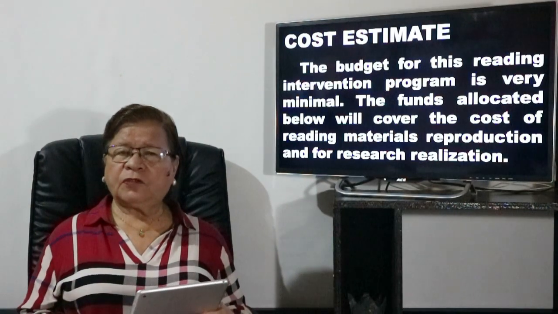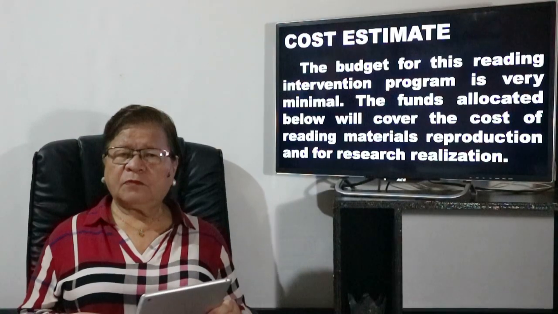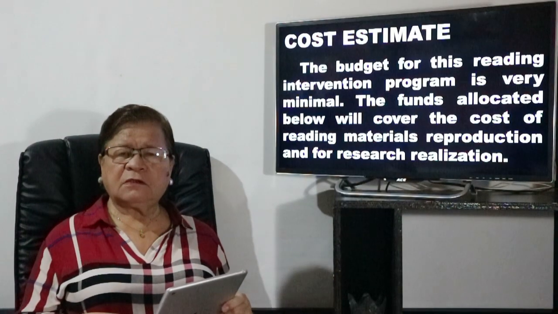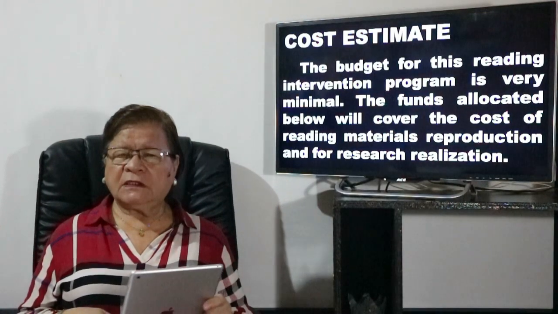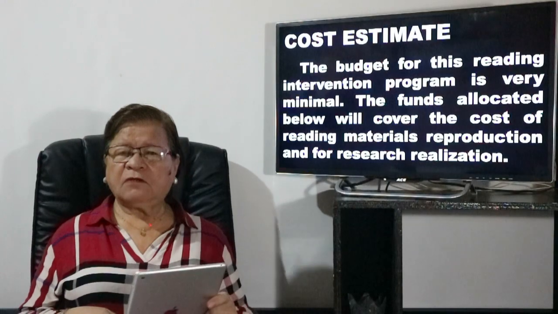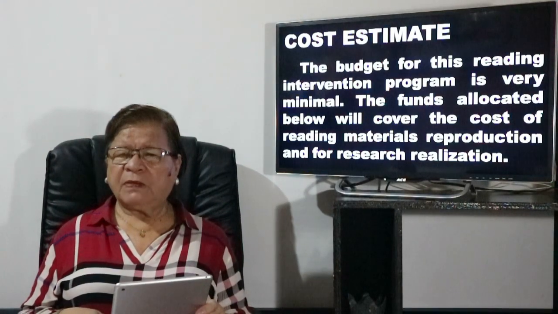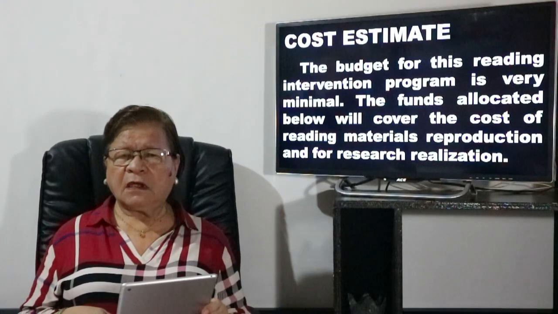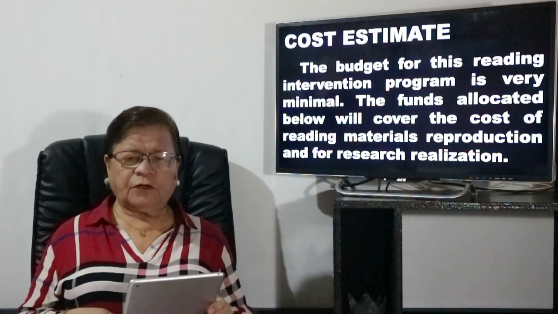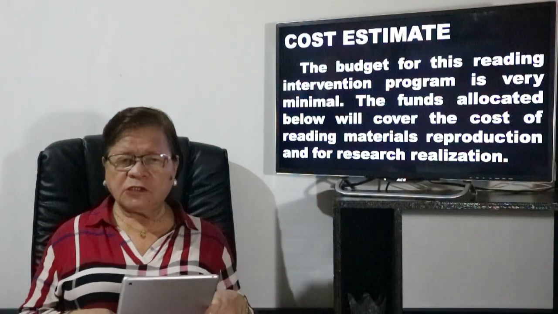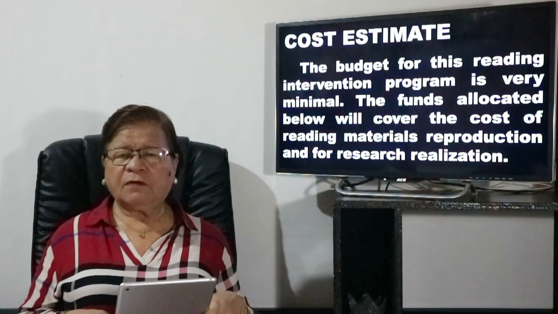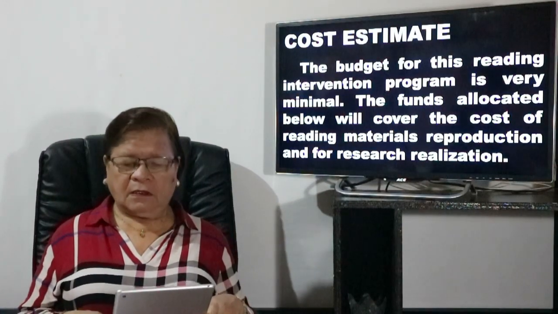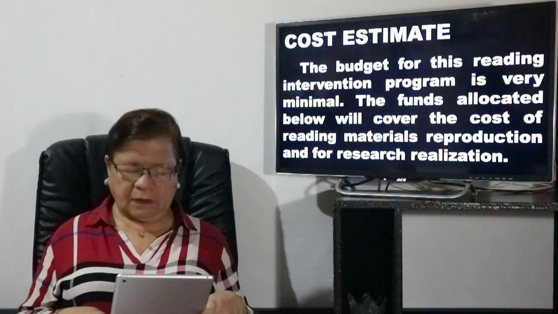In some other action researches, like BERF, the Basic Education Research Fund, it is funded by the government as to the budget incurred in the action research. But for a simple action research like this one about peer tutoring to solve the problem of non-readers in grade 3, the budget is only very minimal.